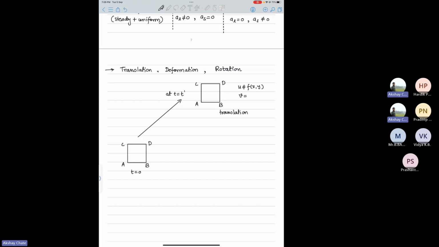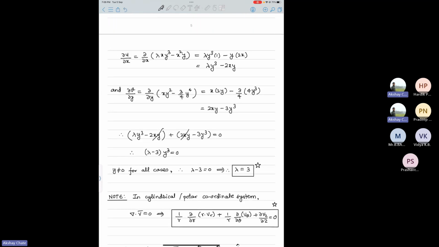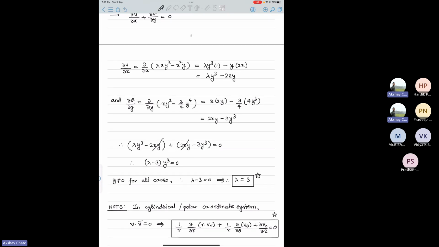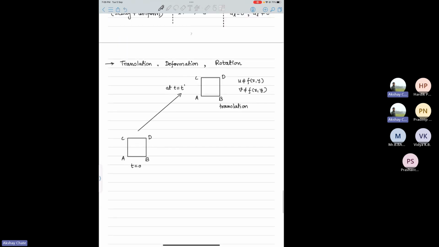This should be clear. Like we solved some problems earlier, right? Here your u was xy square, u was lambda xy cube minus x square y. So if you want pure translational motion, you will have your u and v constant with respect to x, y, if it is a 2D domain, which is what we are studying here.